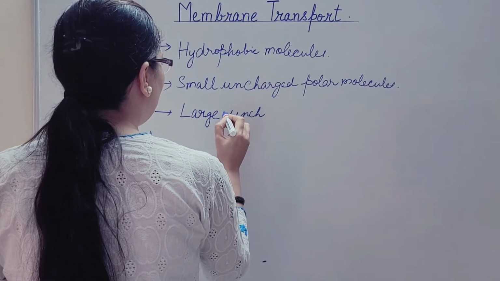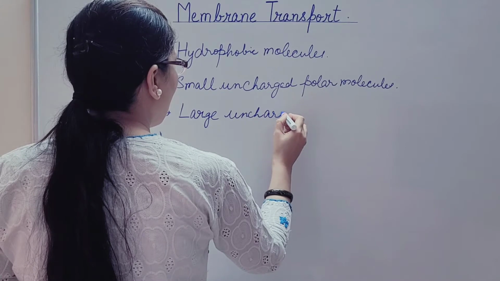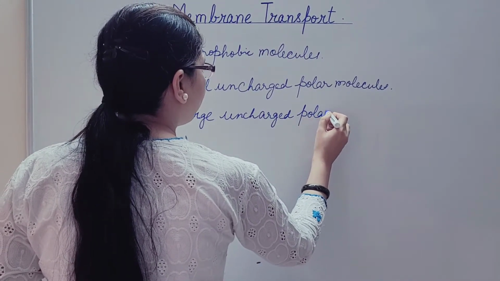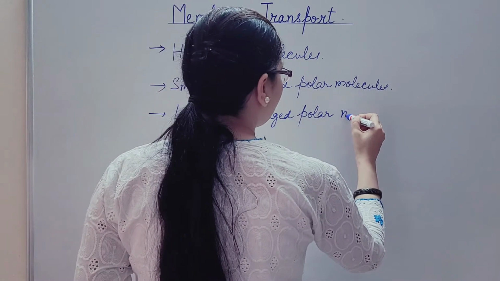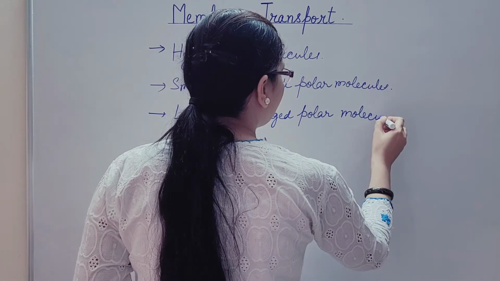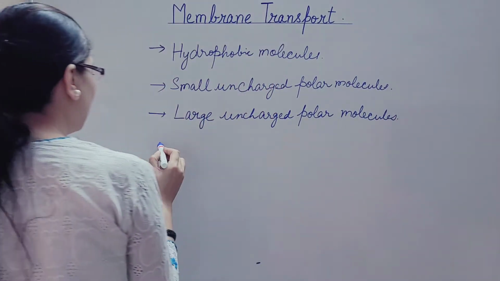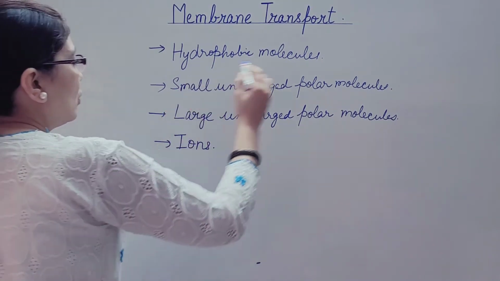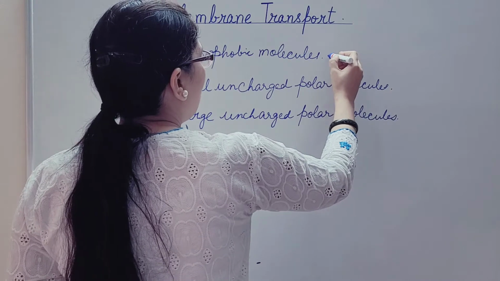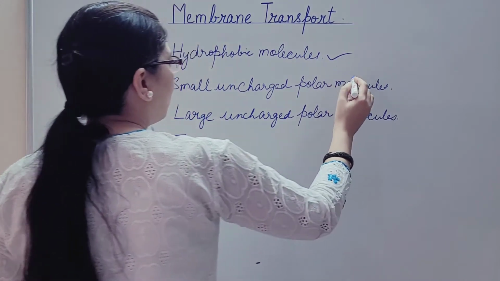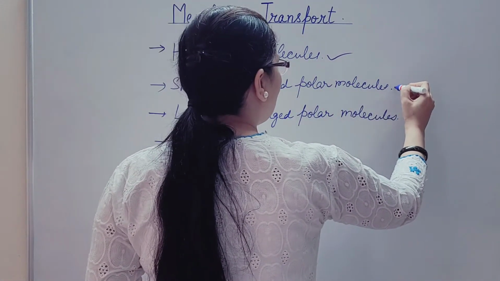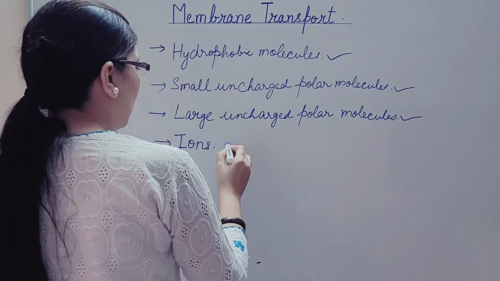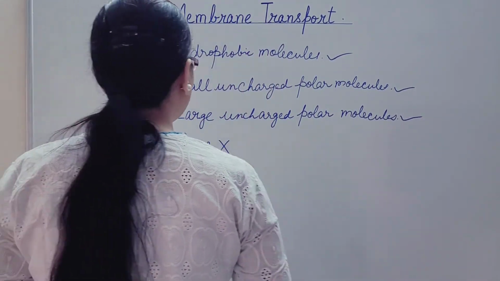It is slightly permeable to large uncharged polar molecules, but it is impermeable to ions. So the phospholipid bilayer allows the passage of hydrophobic molecules, small uncharged polar molecules and large uncharged polar molecules, but does not allow the passage of ions.